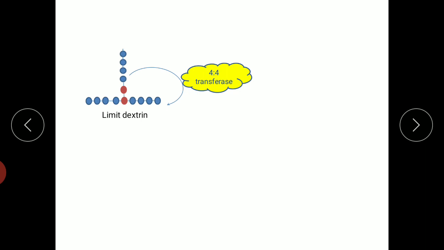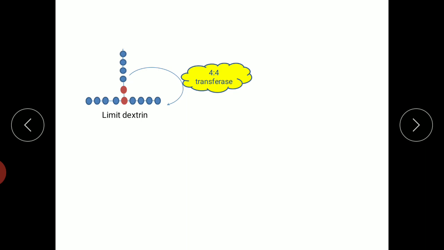It transfers this fragment of chain of glucose to another molecule or to the same molecule.